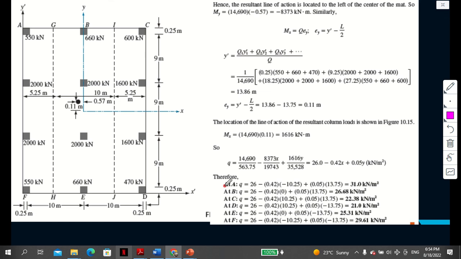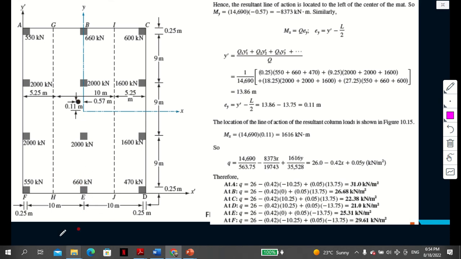For example, at point A, we are talking about q over A, which is 26, minus 0.42x. What is x? X is the distance between the centroid and the center here. So we've already determined the centroid is here.